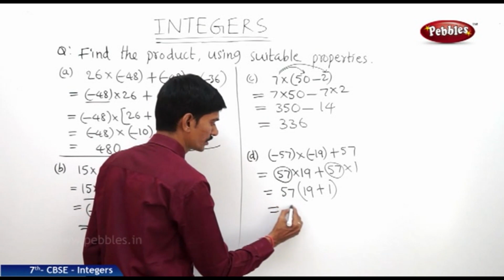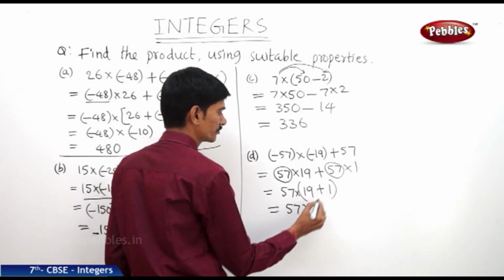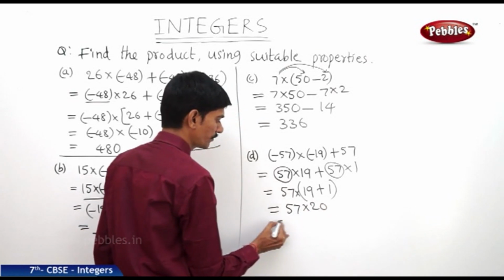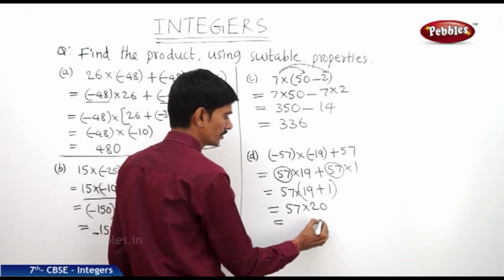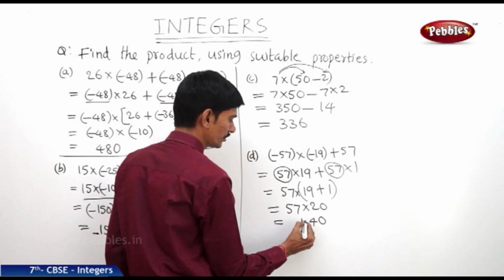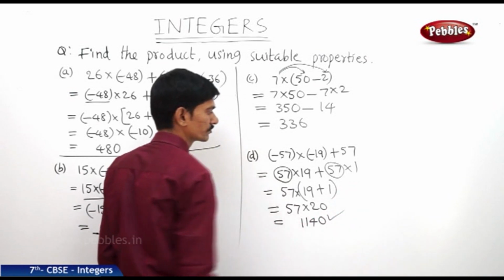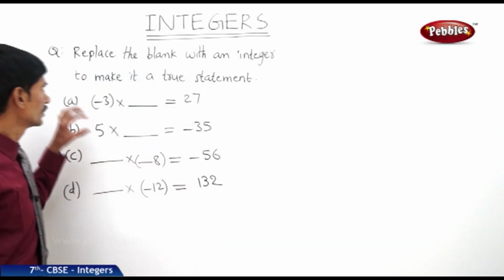This equals to 57 into 19 plus 1 is 20. Now multiply 57 by 20. 0, 2 7s are 14, 2 5s are 10 plus 1, 11. So it is 1140.